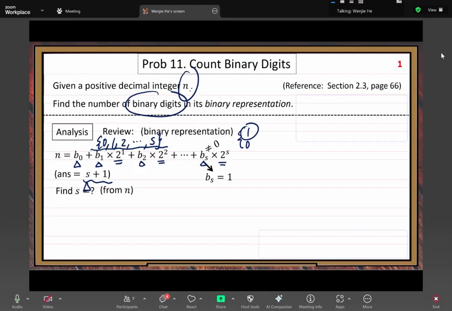Next, in our second half, we need to derive the relationship between S and n. So how do we establish that relationship here? Because all we know is this formula. So now we need to apply this formula to establish the relationship.